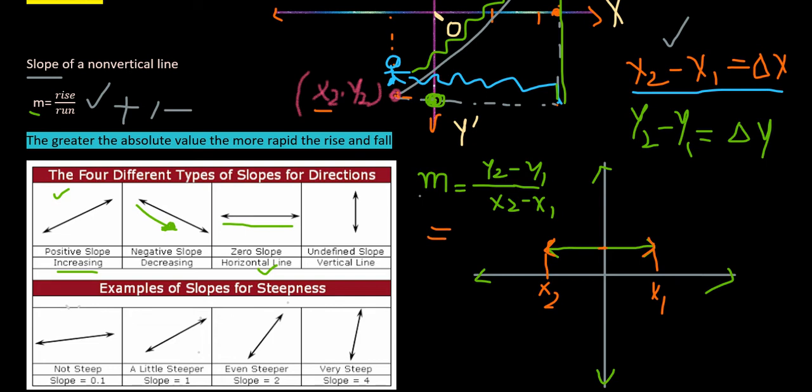So there is no change in delta y. You guys already know delta means change, and there isn't any change in the value of y. So we can say that delta y is equal to 0 and the slope will also be 0.